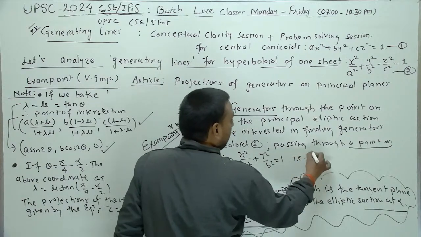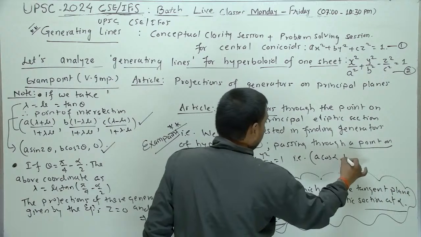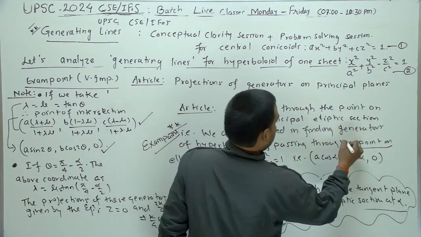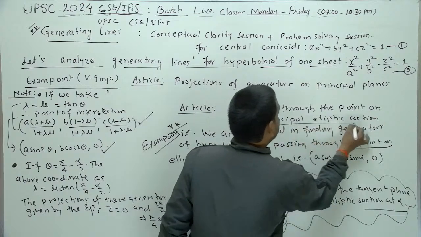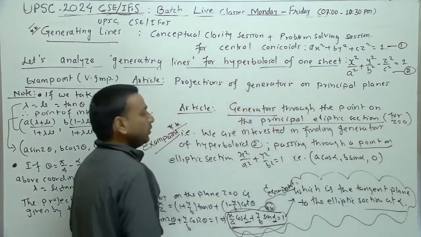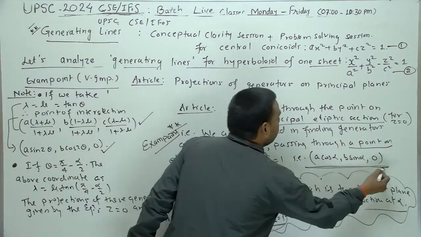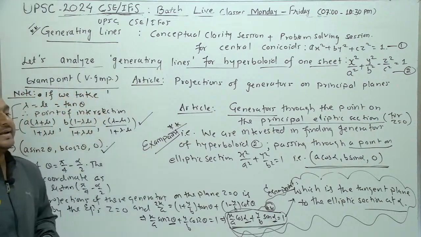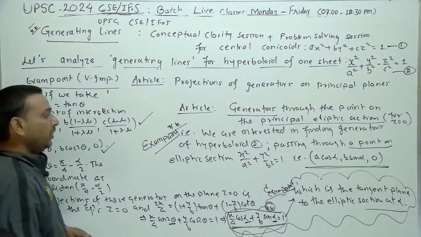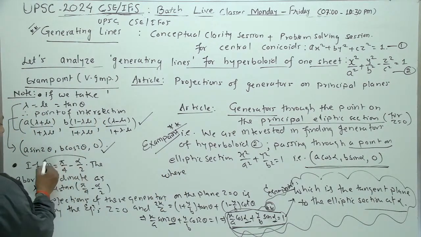So that point you can take as a cos alpha, b sin alpha, and the z value is 0, since the principal elliptic section is for z equals 0. So the general point, highlight this. Whenever you consider the general point, you will write it like this: a cos alpha, b sin alpha, 0.